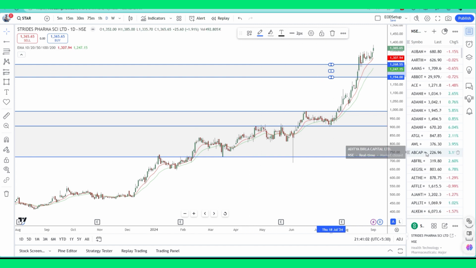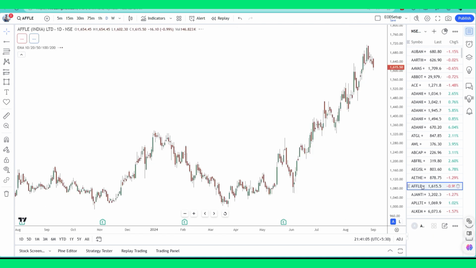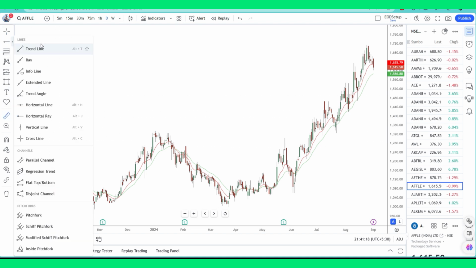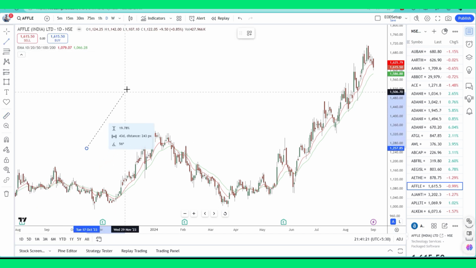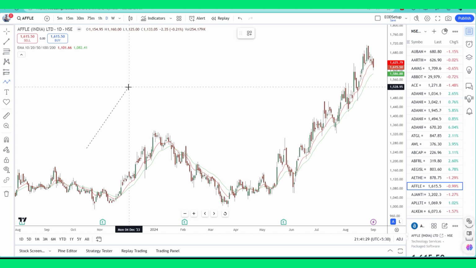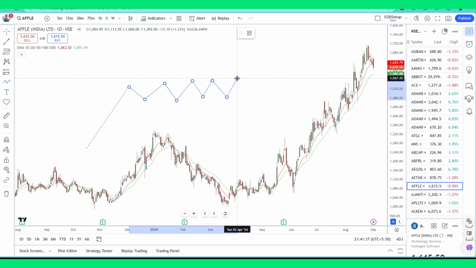Now we can look at several stocks like this, and we can go to the past and check as well where they have consolidated. So basically the idea is you find a stock which is creating new highs, and then what the stocks generally do is they will consolidate around that level for a few weeks, generally 2 to 3 weeks, or it could be 2 to 3 months.